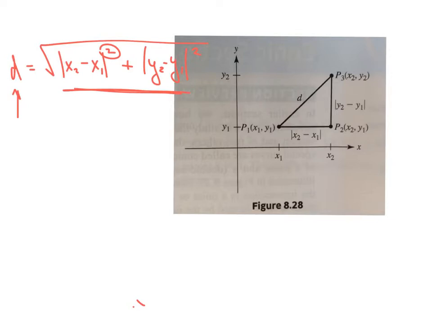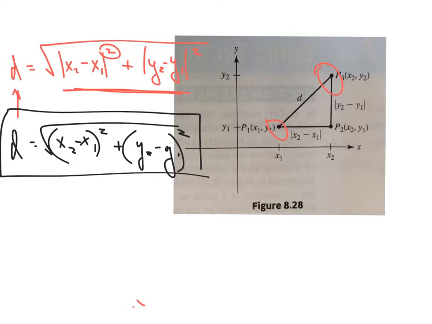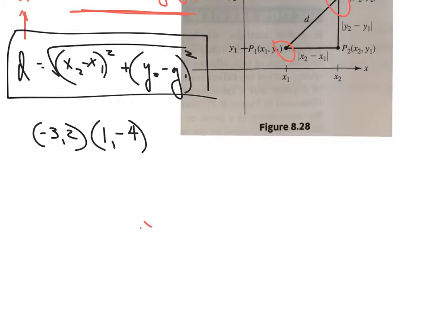In fact, for the distance between this point and this point, the book just takes out the absolute value signs basically. x2 minus x1 quantity squared plus y2 minus y1 quantity squared. So that is considered the distance formula.